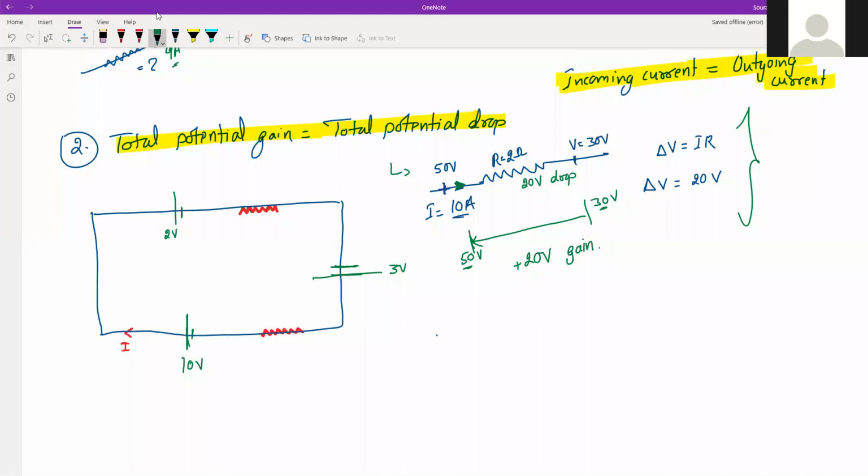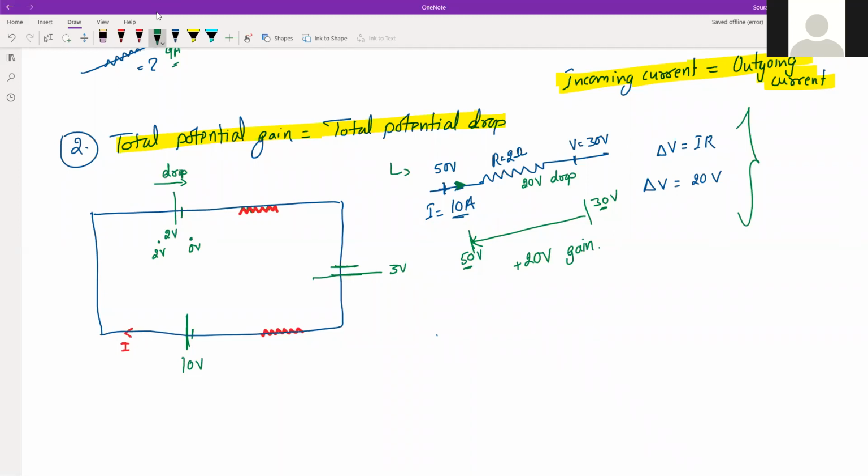Suppose this is 10 volts, 2 volts, and 3 volts. We have already written. This is 2 volts. What does that mean? That here, if the potential is 2 volts, at this side the potential will be 0 volt. That means if I'm moving from here to here, there is a drop of potential.